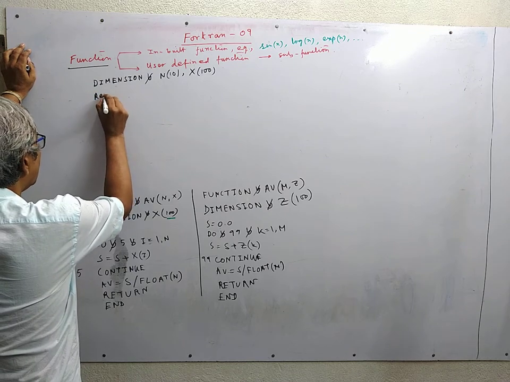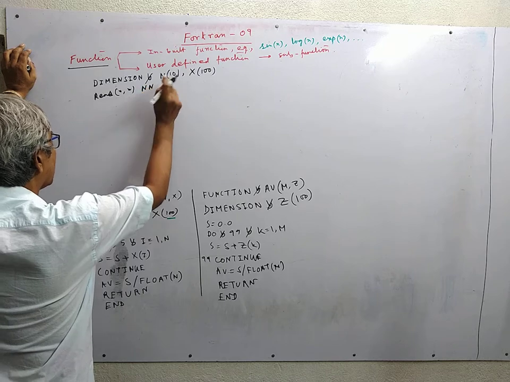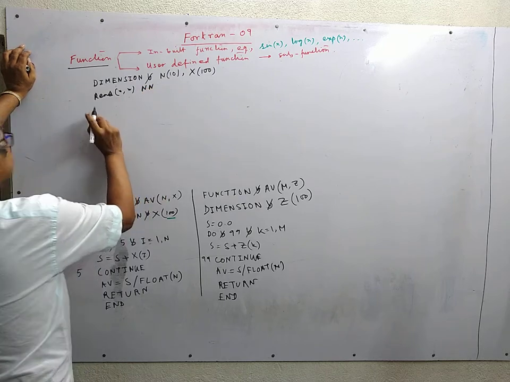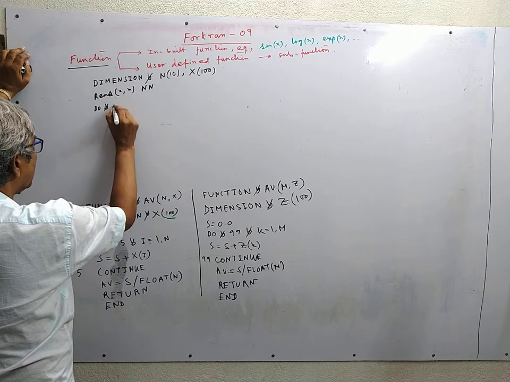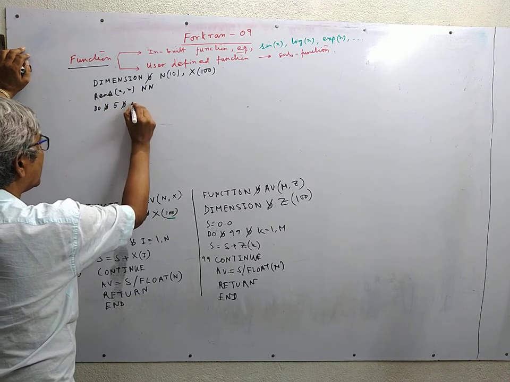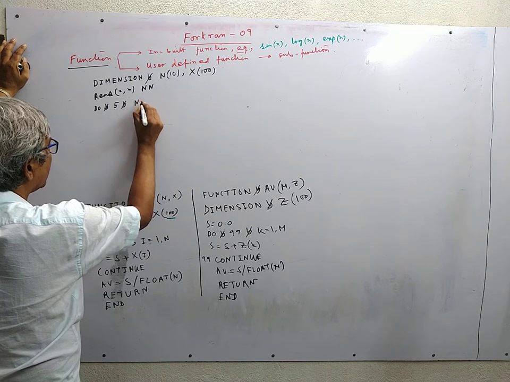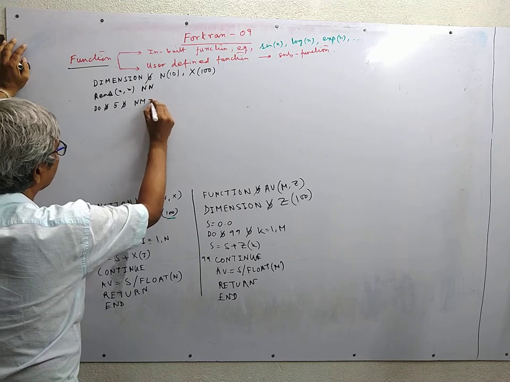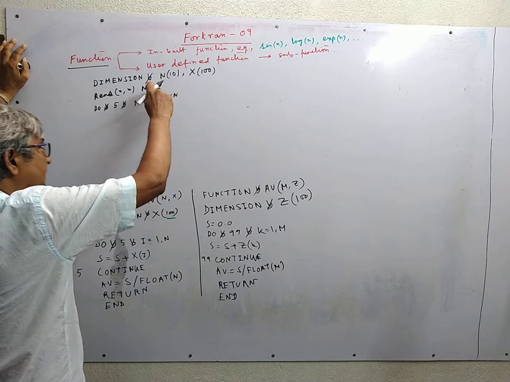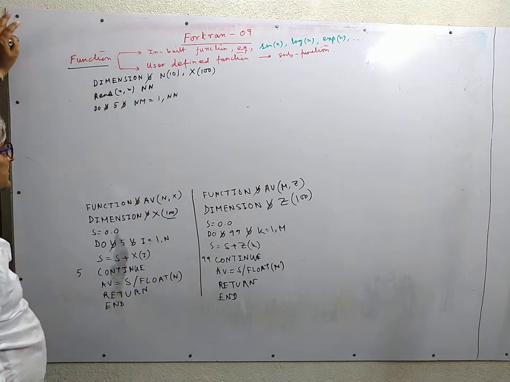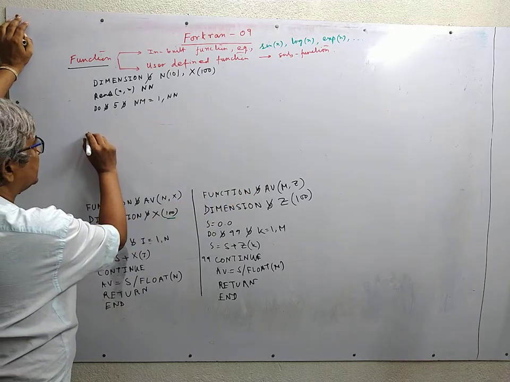Read NN, the number. As for example, NN was 9 there. NN was 3 in the example we are considering.